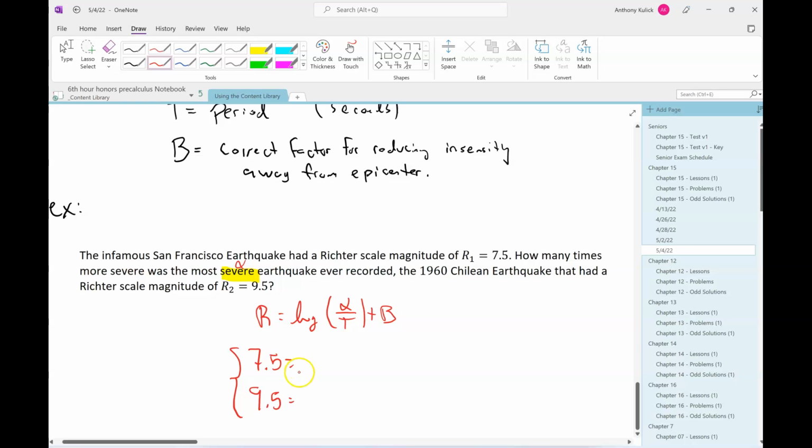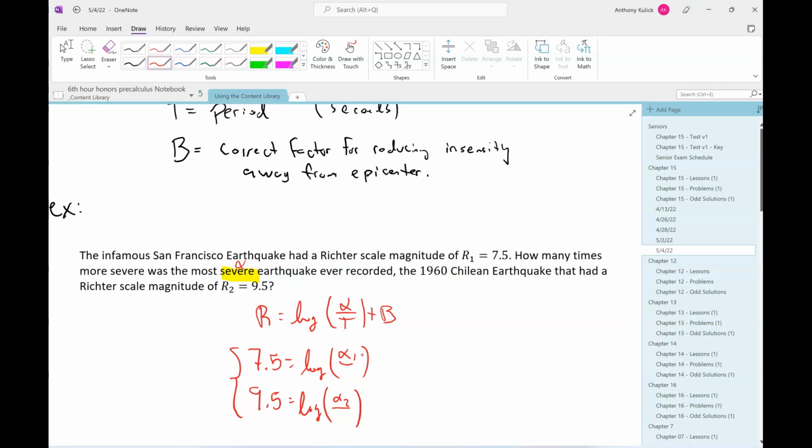Everybody's hopefully not too surprised by that. And since we're asking about severity, I know that the alphas here are definitely going to have to be different, right? We said that alpha is kind of our descriptor for severity.